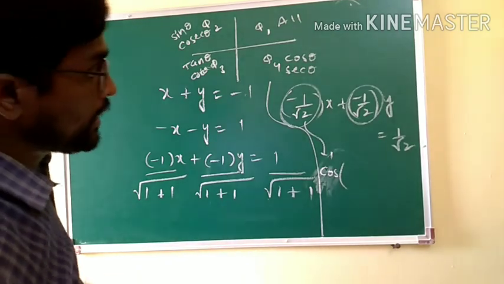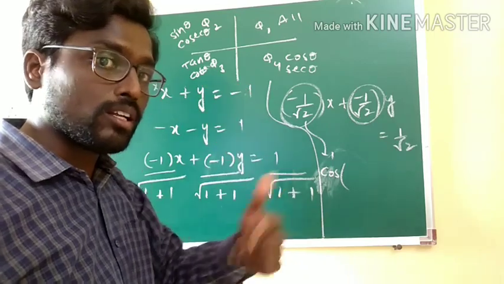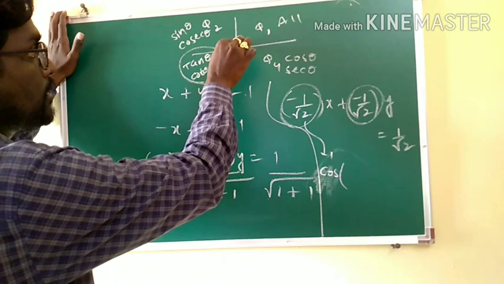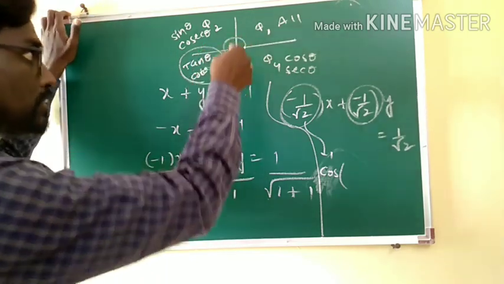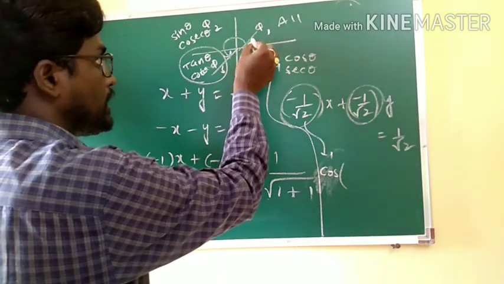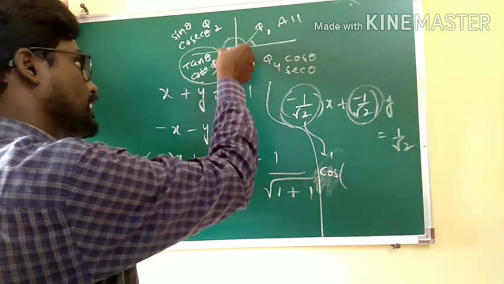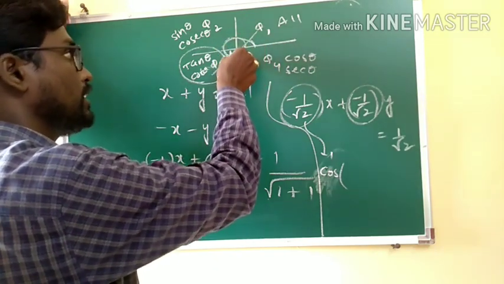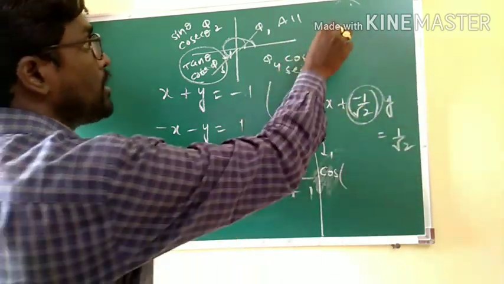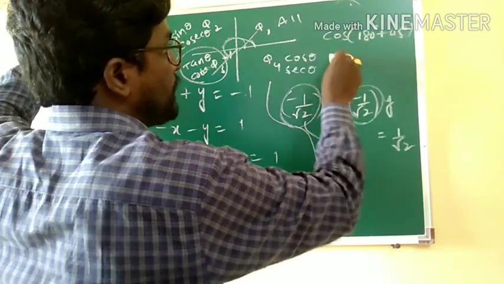Okay, but here both are negative, means cos theta, sin theta both are negative. In what quadrant are cos theta and sin theta both negative? In quadrant 3, means the angle should come into the third quadrant, means for some 45 degrees, if it is making some 180 degrees additional, this particular angle is going to give us the negative output for both cos and sin, means cos of 180 degrees plus 45 degrees.